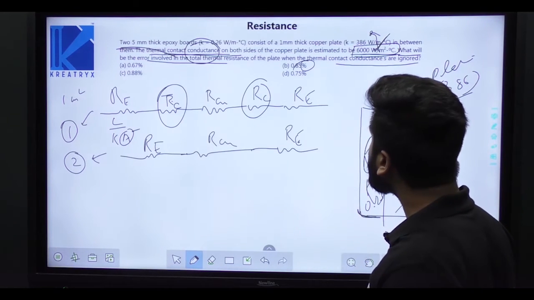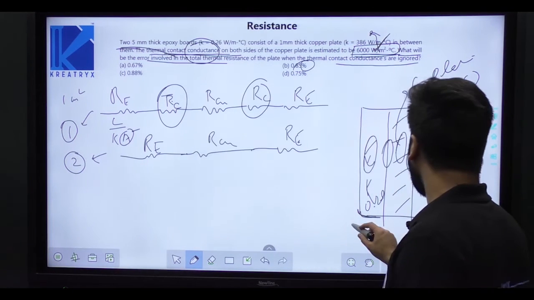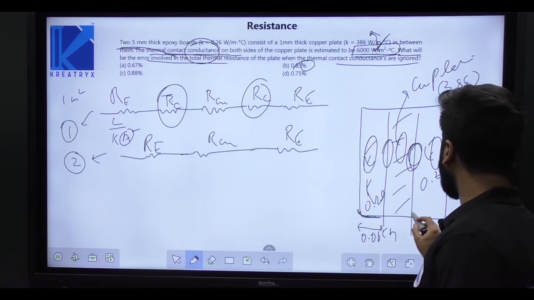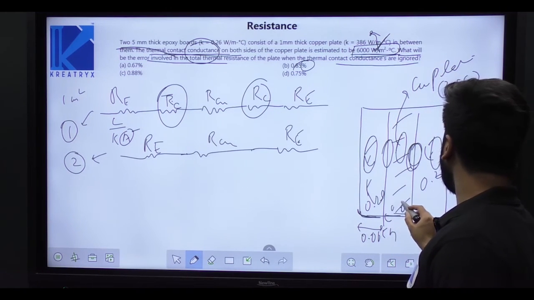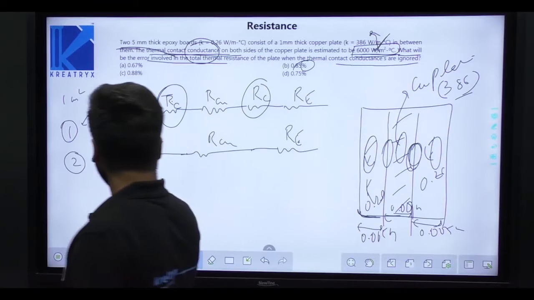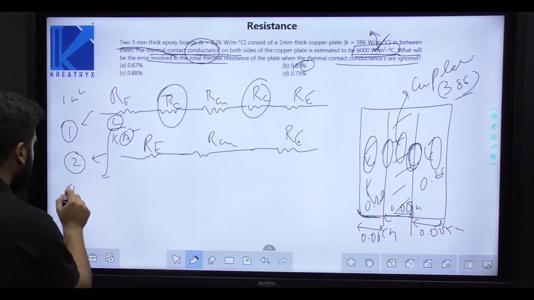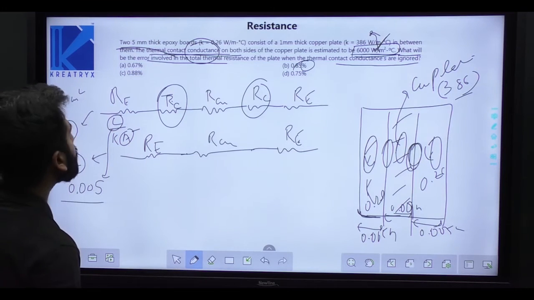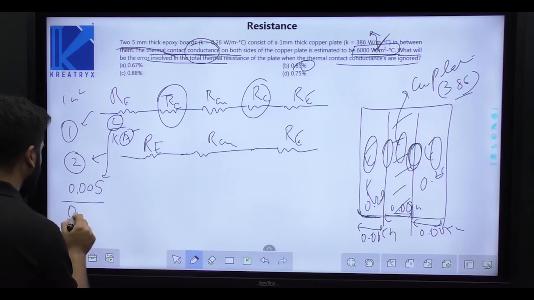L, the thickness of the epoxy board, is 5 mm, that is 0.005 meter, and the copper plate is 0.001 meter. This is again 0.005 meter epoxy. So this is 0.005 upon K, and K of the epoxy board is 0.26.